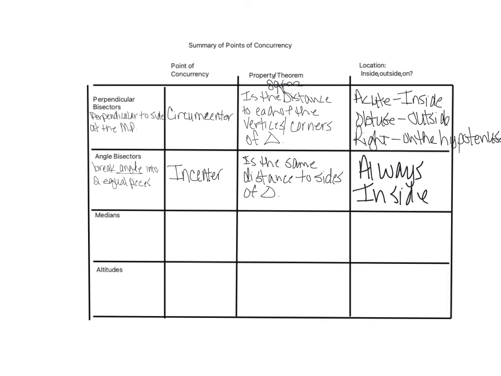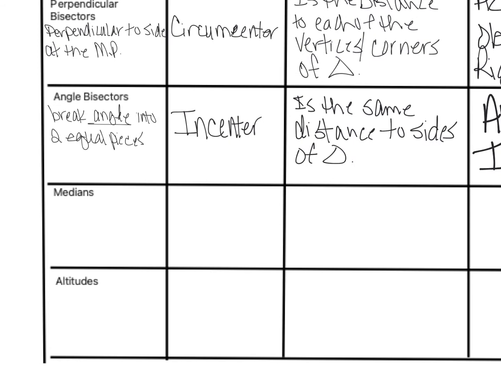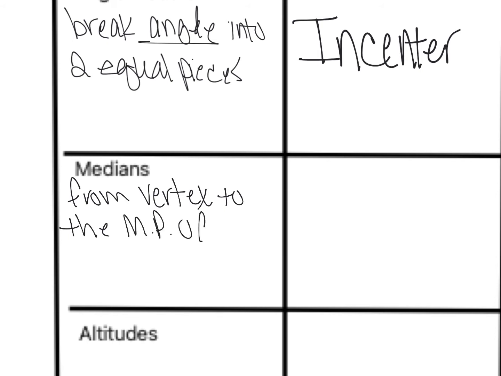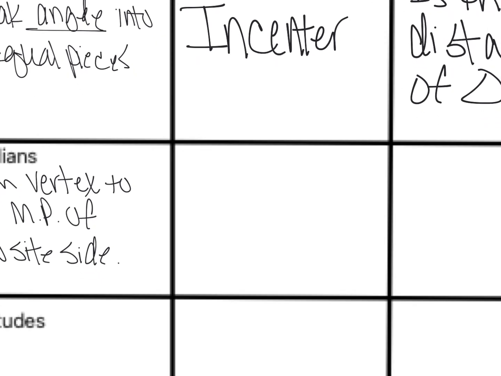And then the last one that we've done was the median, and the median goes from the vertex, which is the corner of the triangle, to the midpoint, MP, of the opposite side. And we learned that that point was called the centroid.